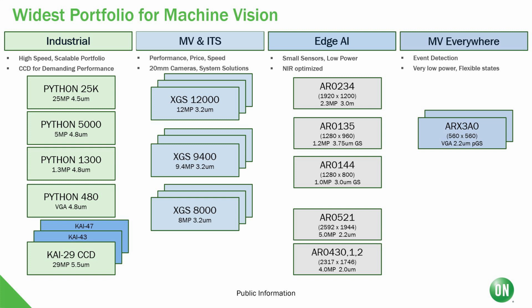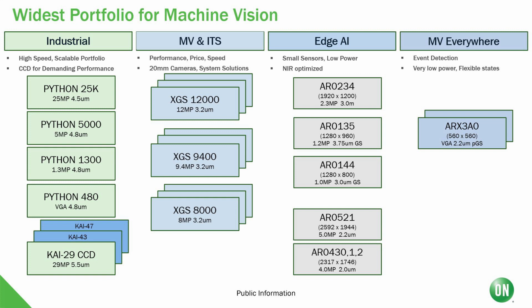This is our Python family, from 25 megapixel at the top for the 25K sensor down to 5 million pixels, 1.3 million pixels, or 480, i.e. VGA resolution. We also offer CCD image sensors when you have very demanding high linearity and high dynamic range.